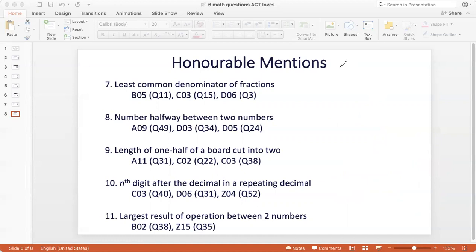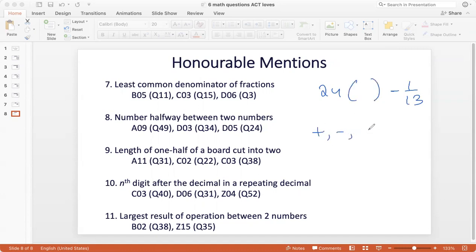Right, and then there is the question that asks you to find the largest result of the operation between two numbers. And this occurred twice in my analysis. So this normally looks like this. They'll give you one number of the kind 24 and one number of the kind -1 by 13. And they will ask you, what should I put between these numbers?